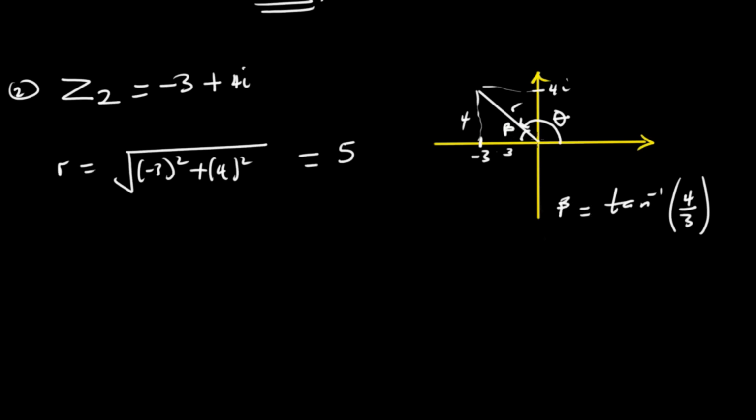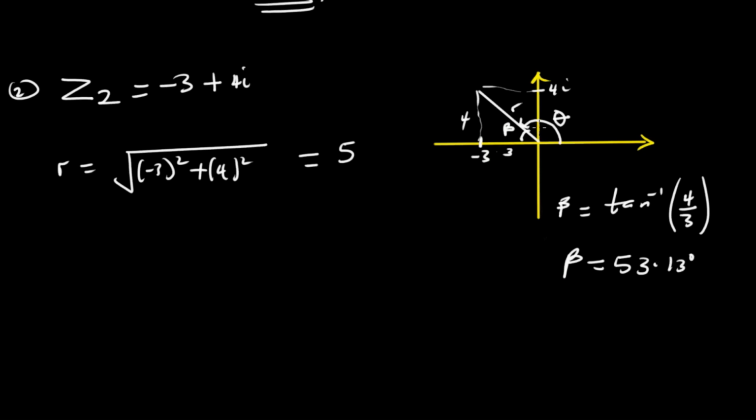So we have beta to be tan inverse of 4/3, and I'm going to use my calculator to find that the tan inverse of 4/3 is 53.13. So you have beta to be equal to 53.13.